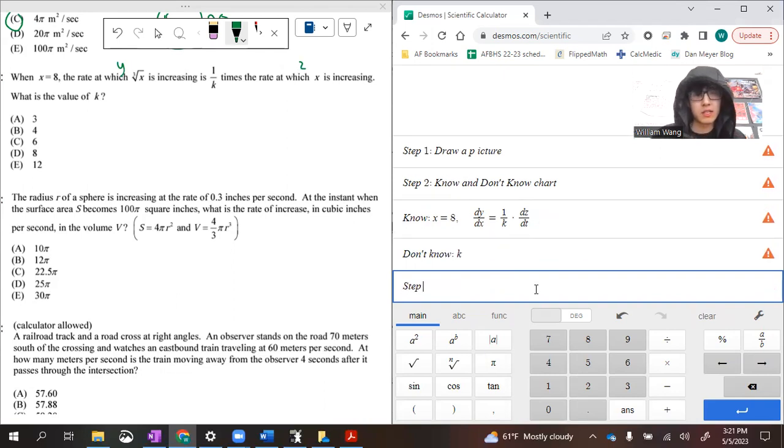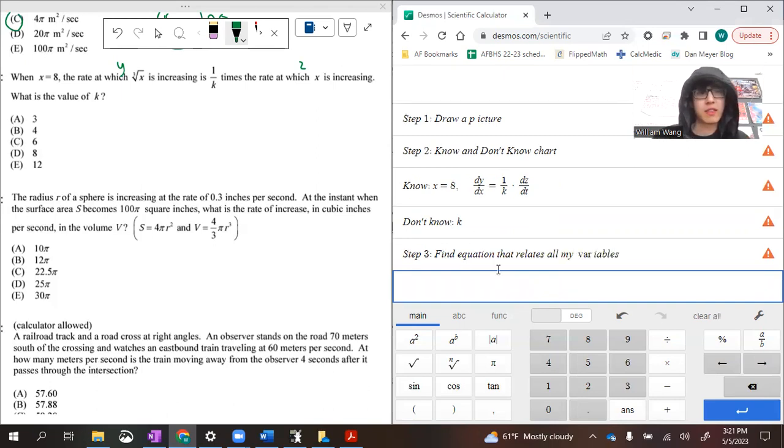All right, step 3, let's find an equation that relates all my variables. We're not actually given that, but we are sort of given that the rate at which the cube root of x is increasing is 1 over k times the rate at which x is increasing. I can find these. So I can find my dy over dx, right?